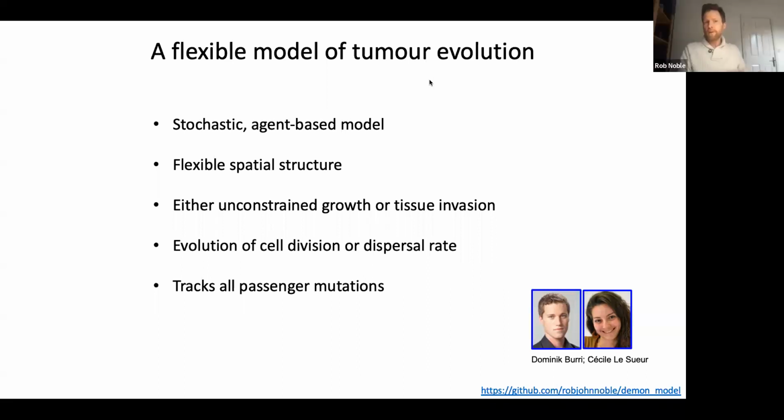As I say, the strength of this model is that within the same framework, I can recapitulate different spatial structures that we see in tumors. This allows me to parameterize this model with a small parameter file that has the evolutionary parameters in it, and then some parameters which control the spatial structure.